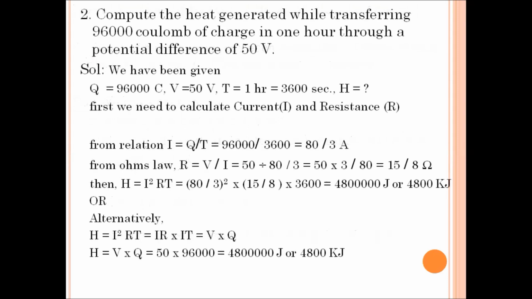Question number 2. Compute the heat generated while transferring 96,000 coulomb of charge in 1 hour through a potential difference of 50 volts. We have been given electric charge, potential difference, time, and we are supposed to calculate heat generated. First, we calculate current from relation I equals Q by T, and also resistance using Ohm's law.